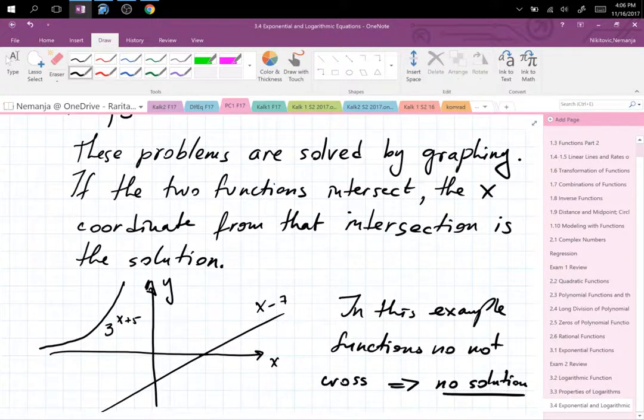If you can make the base on the left and the base on the right the same, then you can match the exponents. So if you manage to get both sides to have the same base, then you are allowed to match the exponents. And that would be the comparison part.